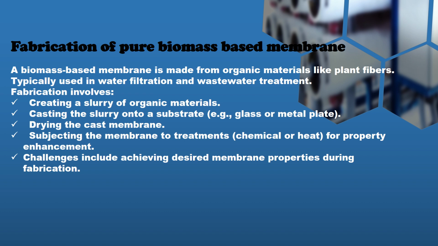Two, casting the slurry onto a substrate, for example a glass or metal plate. Three, drying the cast membrane. Four, subjecting the membrane to treatment, chemical or heat, for property enhancement. And the last one, challenges include achieving desired membrane properties during fabrication.